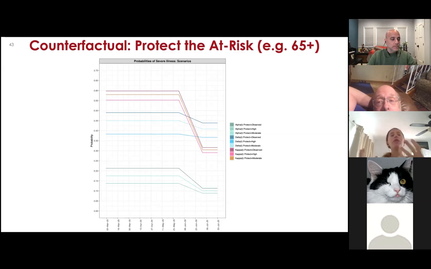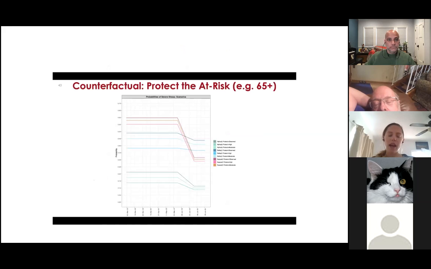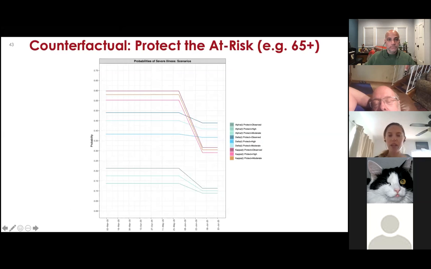First of all, we look at protecting individuals of advanced age, 65 and above, but not protecting all of the risk profiles that are of very high risk, for the reason that a lot of those would be infeasible, actually, and even protecting all individuals at 65 and above is infeasible, protecting meaning they are isolated at home consistently.